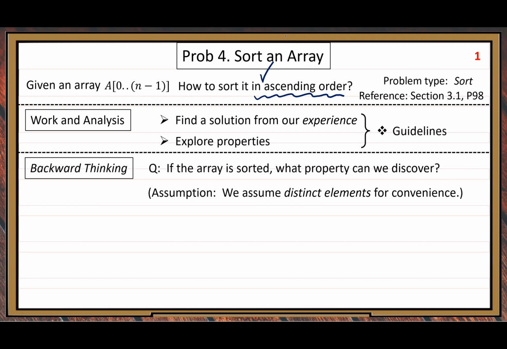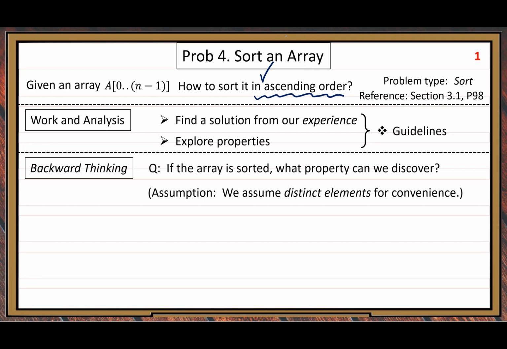Another assumption we also like to add to this problem: we assume distinct elements in this array. All elements in the array are distinct. That sounds like a little more assumption, right? Because in the original problem we do not have this assumption.